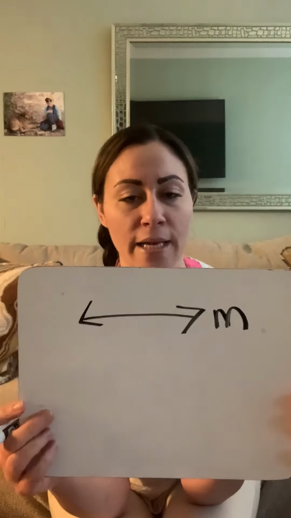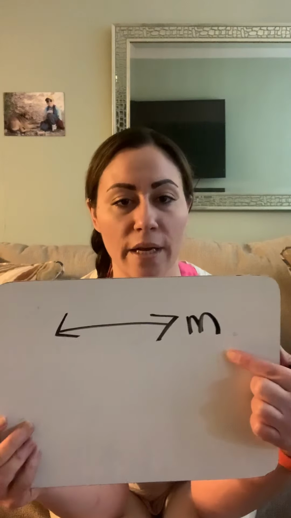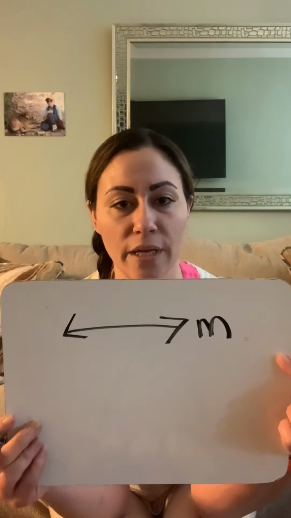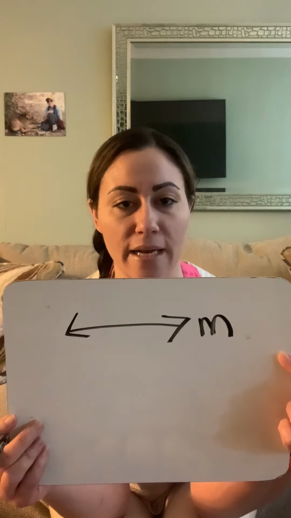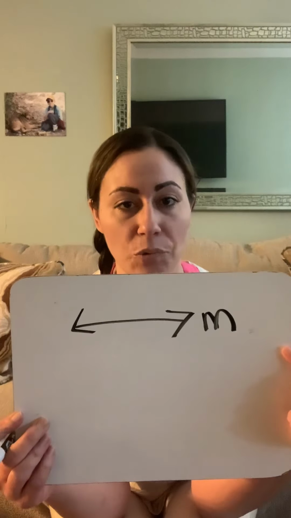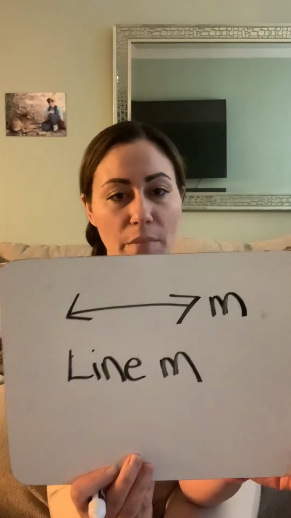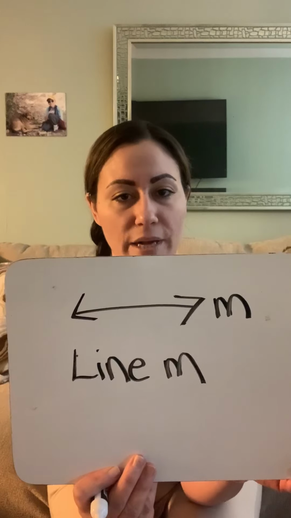Let's say we have a line and there's only one letter labeled outside of the line, and it's M. How would I write this as a name? I would write line M. So the name would be line M. That's how I would write the name.